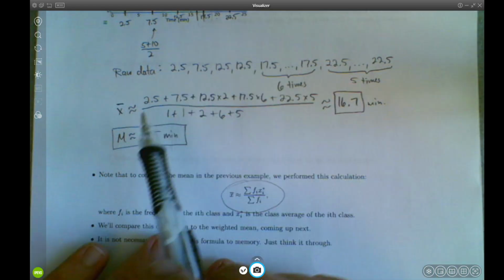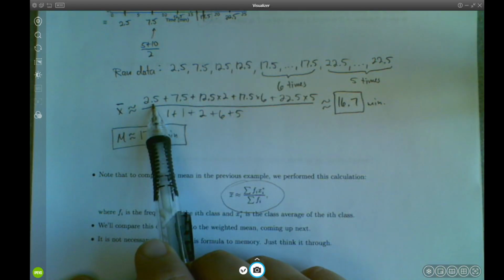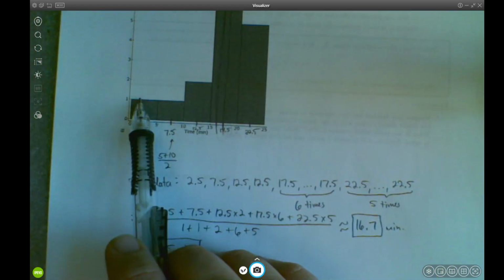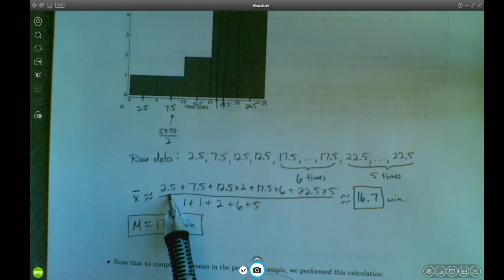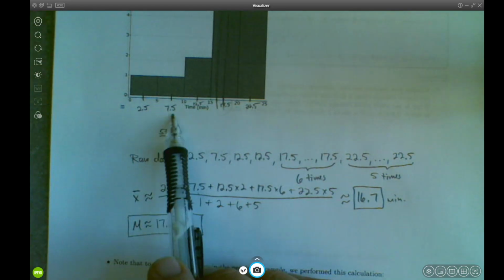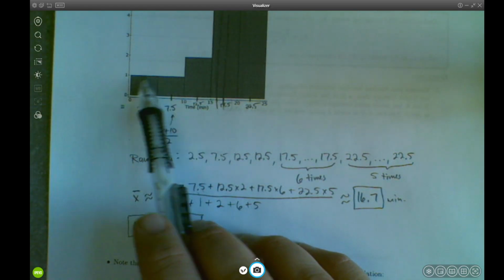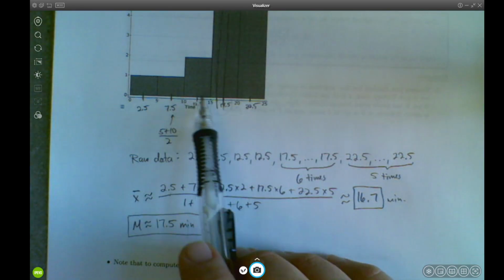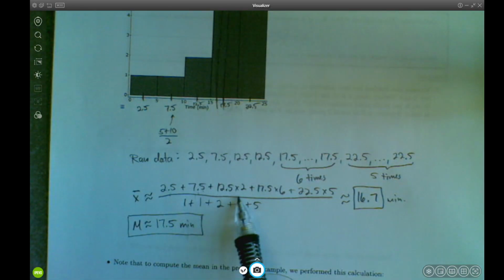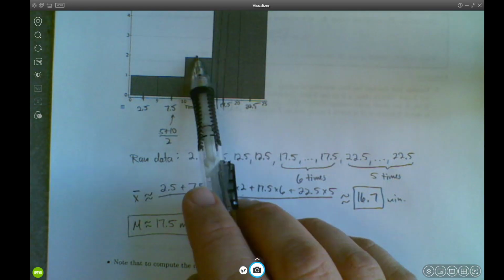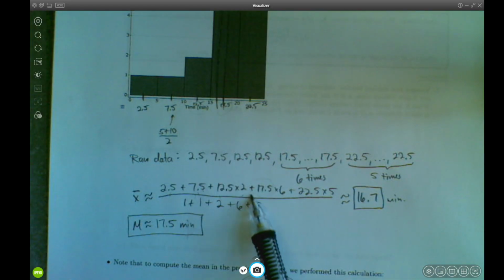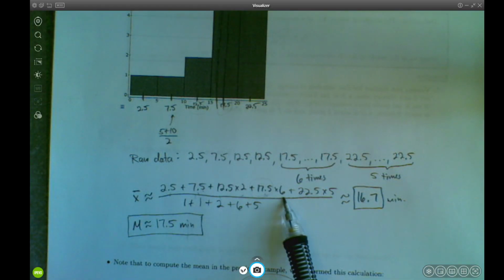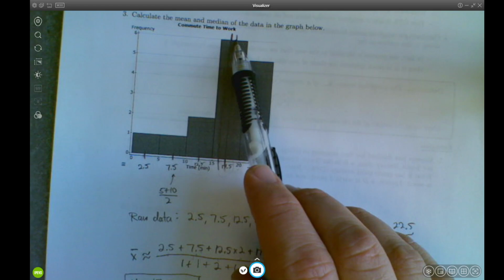We took the class average here, 7.5, and multiplied it by the frequency, 1. We took the class average here, 12.5, and multiplied it by the frequency, 2. We took the class average here, 17.5, and multiplied it by the frequency, 6.